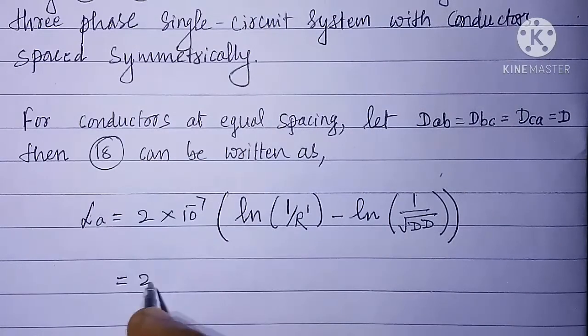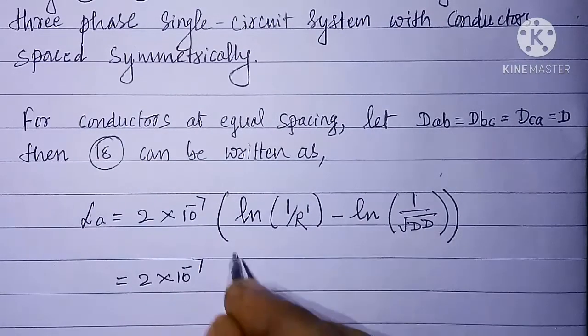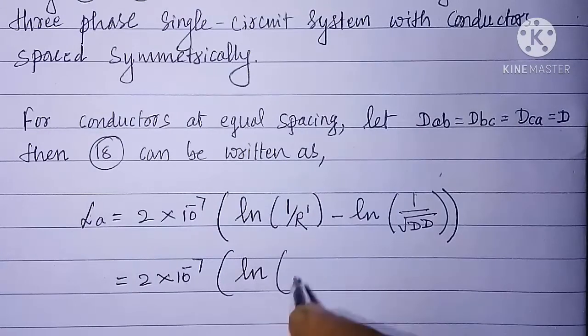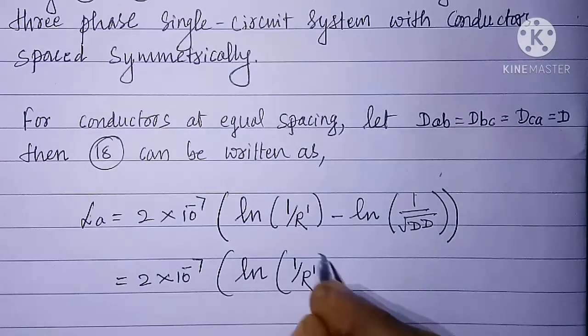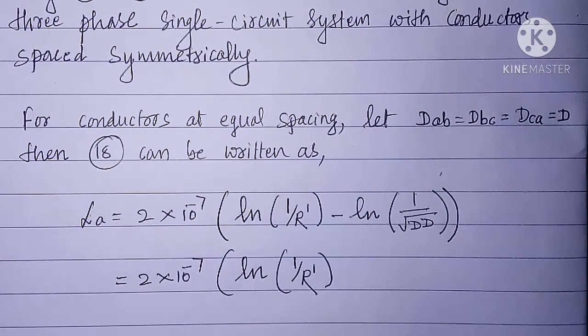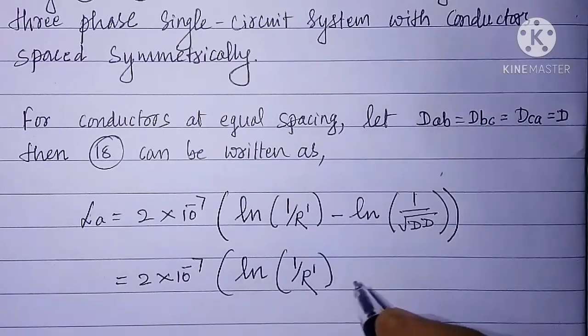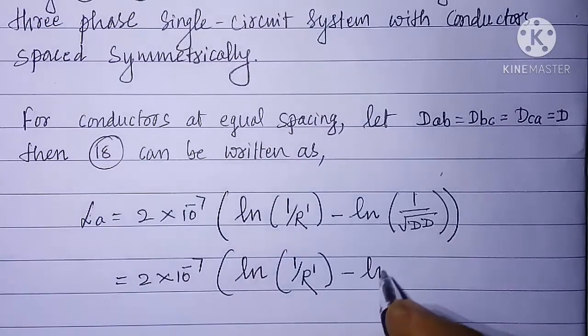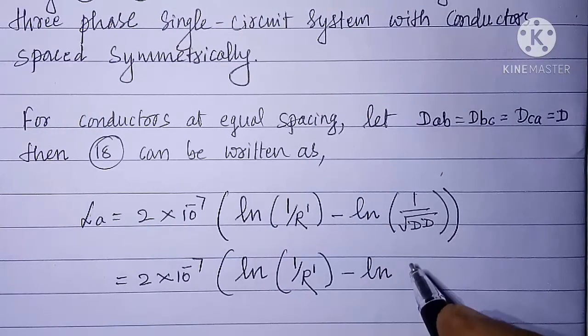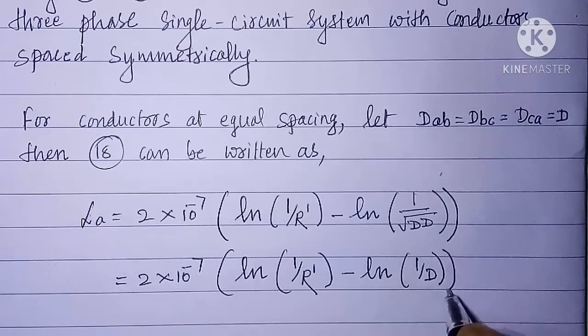If we simplify this, we get 2 into 10 raised to minus 7 ln of 1 by r dash minus ln of 1 by d.